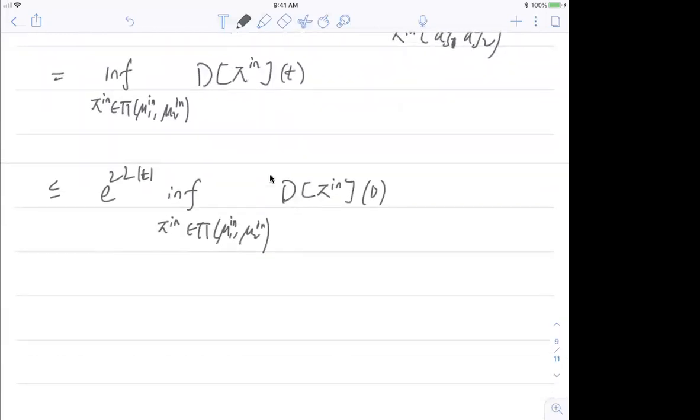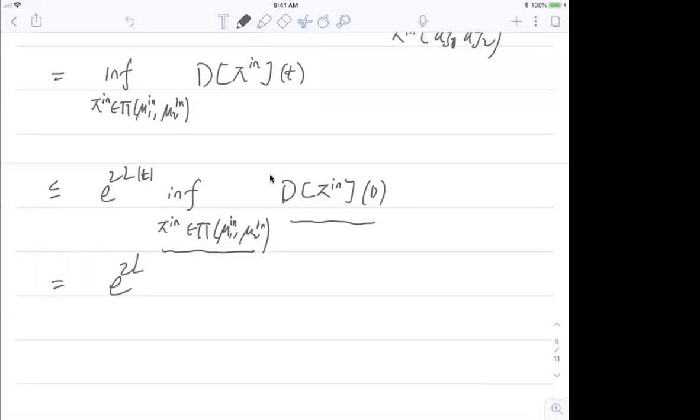And if you look at this formula, it's exactly the definition of the one Wasserstein distance, because now you're taking the minimum over all possible couplings of the initial measures.